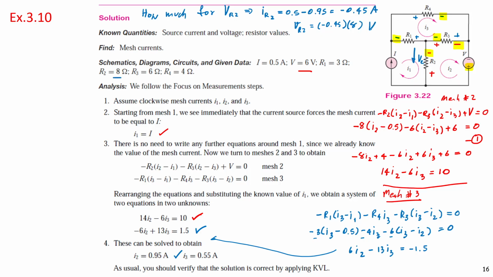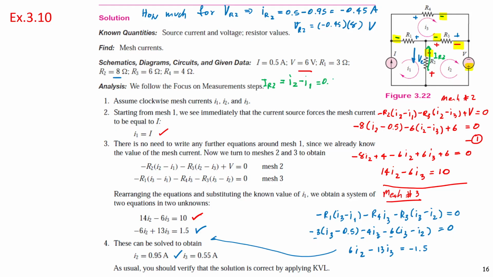If we denote our positive side in the upper direction, then the current across R2 would be I2 minus I1.